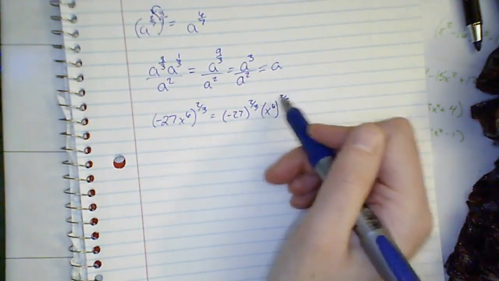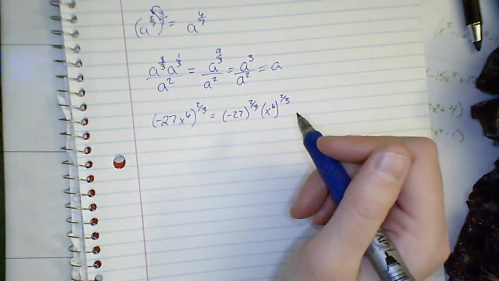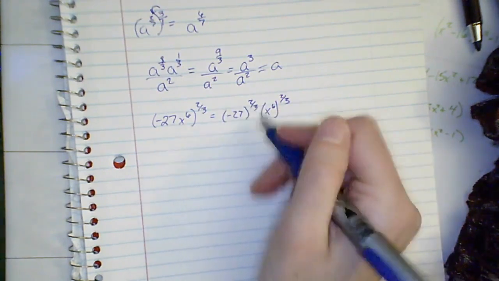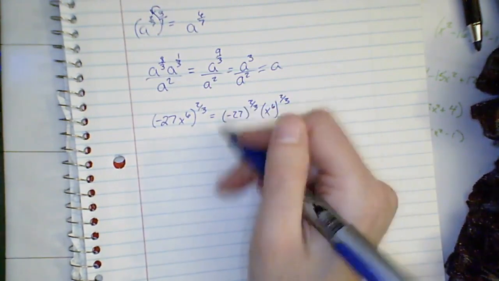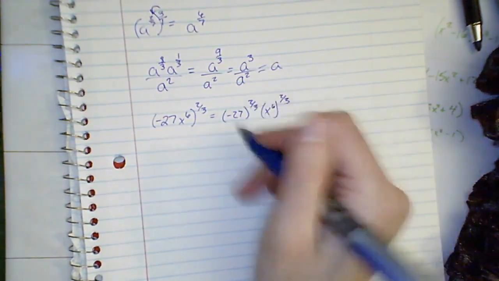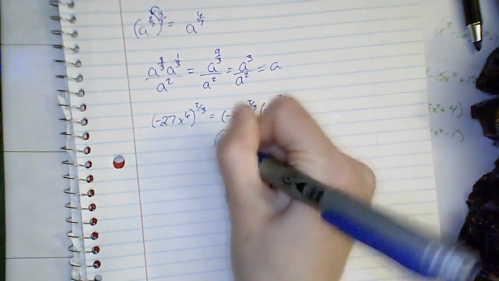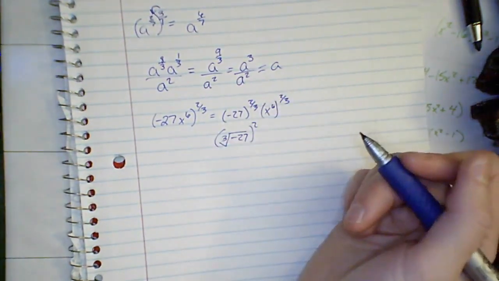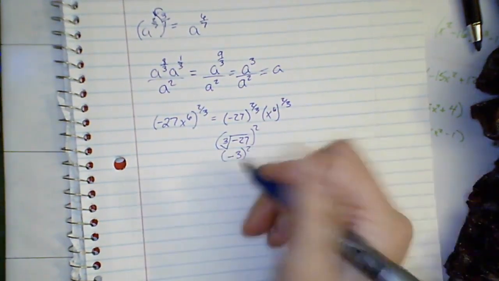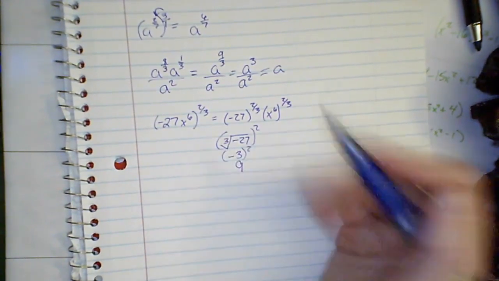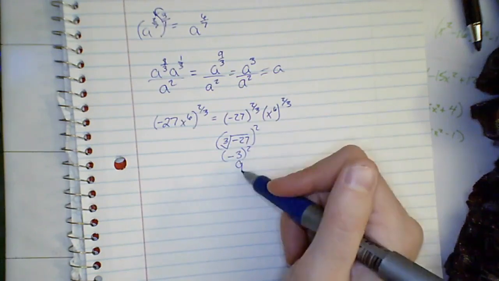Now this one, I would not necessarily turn into a radical unless I had to do something with a radical at the very end, or my answer involved a radical. So the first thing I'm going to do is take the 3rd root of negative 27, and this is to the 2nd power. So this will be actually negative 3 to the 2nd power, which is 9. So the negative 27 to the 2/3 power is 9.